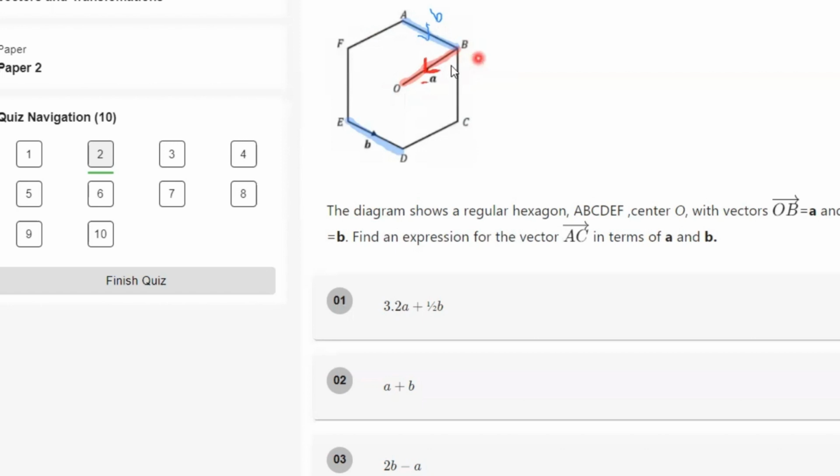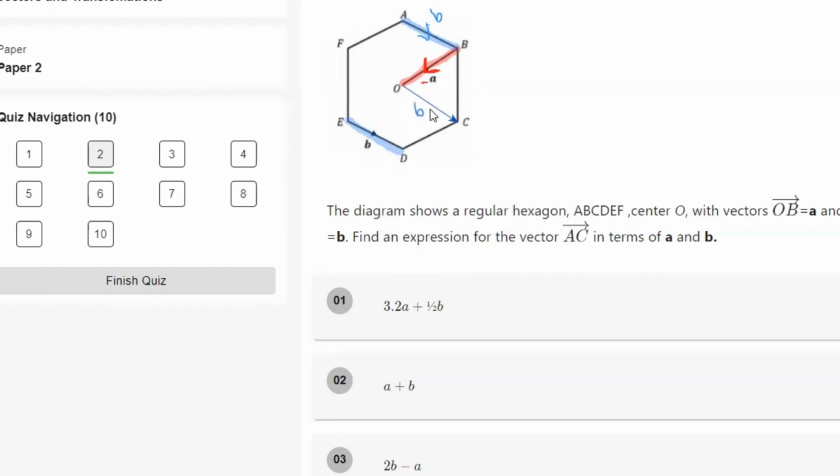So a is from O to B, and negative a is from B to O. And then finally, I can introduce another vector here, taking us from O to C. And because this is a regular hexagon, this is kind of easy. To get from O to C, it's going to be the exact same vector b again. These two lines are parallel to each other, and they're also the same magnitude. So this is also going to be my vector b.